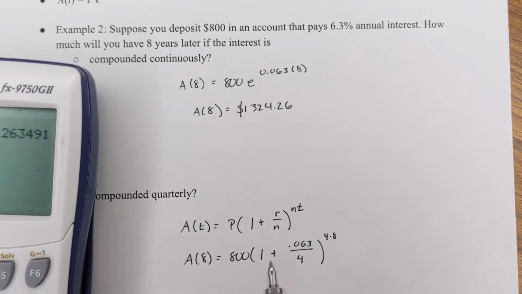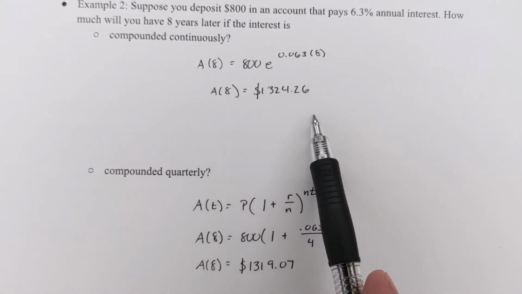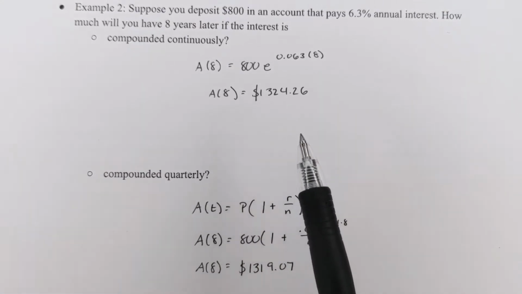Once again, all these are numbers, so I can plug them straight in: 800 times 1 plus 0.063 divided by 4, raised to the 32nd power. That's 1319.07. So I end up with slightly more money if I compound continuously, which makes sense because this is calculating interest essentially every instant of every day.